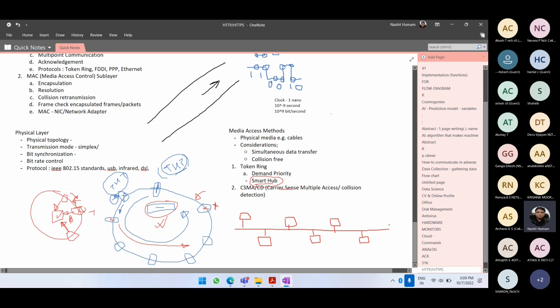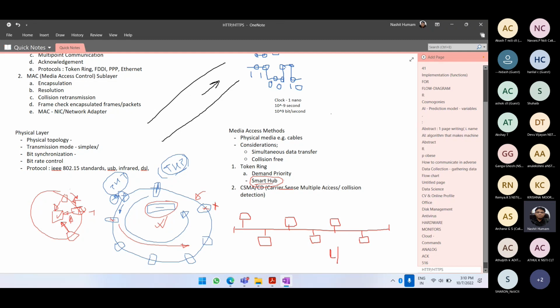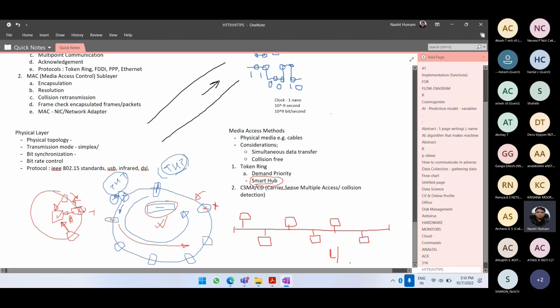Now, suppose there is a length, that length is L. That would be divided by the speed by which a signal travels, which is almost equivalent to the speed of light.